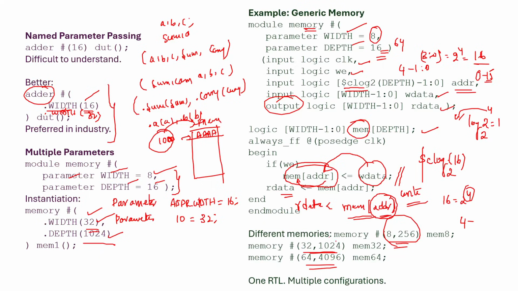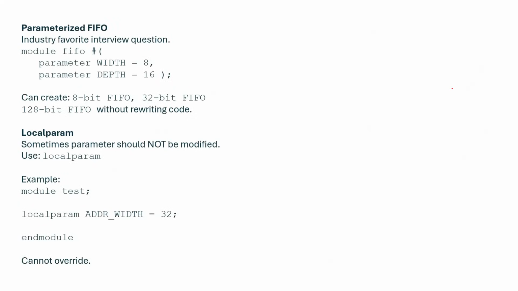See, 1024 means 2 power 10, right? Then it changes to 10 bit. 10 minus 1 down to 0 means 9 down to 0, which means 10 bits. So that is how multiple configurations work with a parameter.